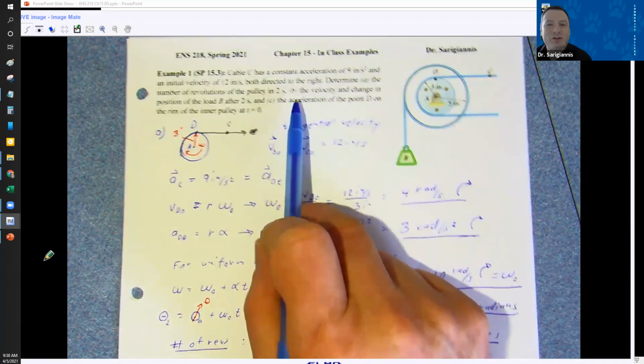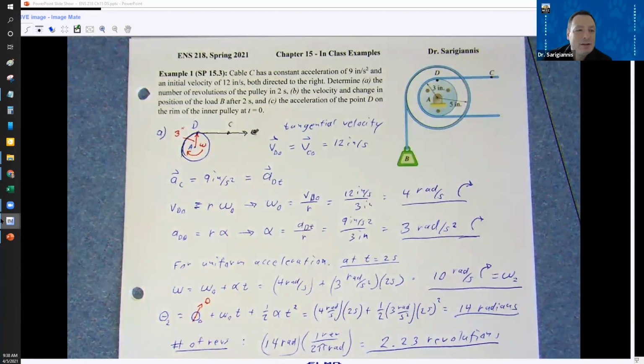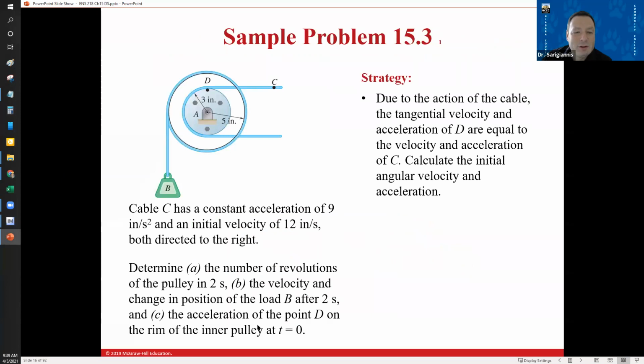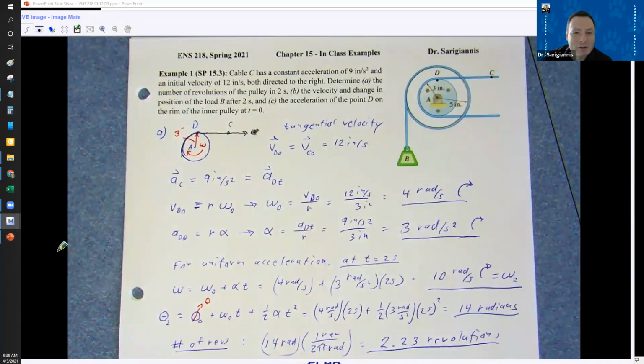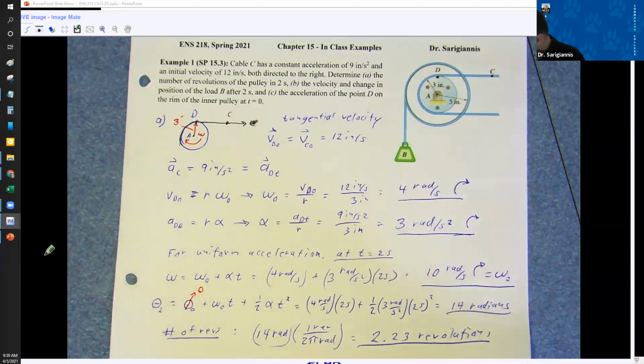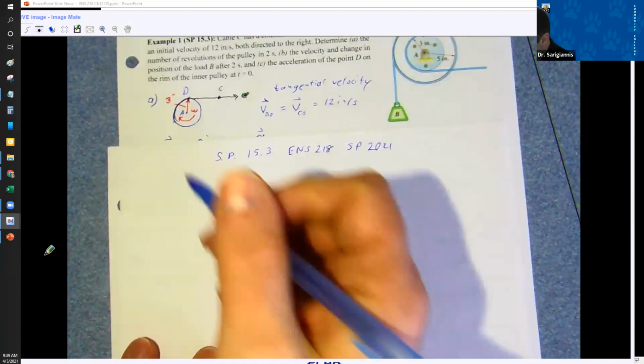Oh, we're supposed to get the vectors. I didn't actually write that. Yeah, we're going to get the vectors here, so we're going to break down the vectors.